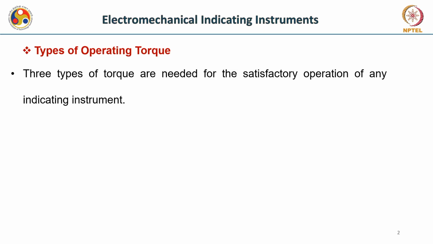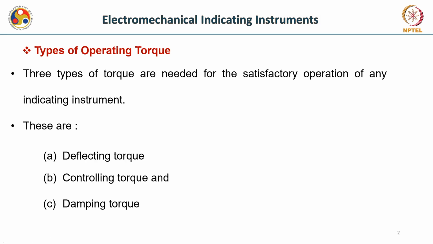Three types of torques are needed for satisfactory operation of any indicating instrument: the deflecting torque TD, which we have also discussed in the previous class, the controlling torque TC, and the damping torque. We will discuss all these torques in a little detail.